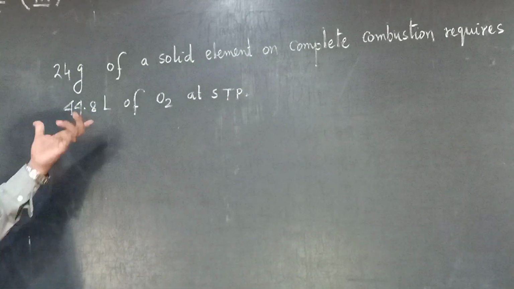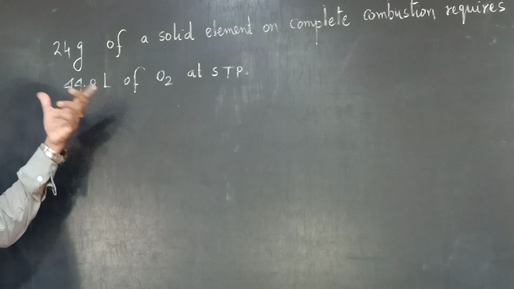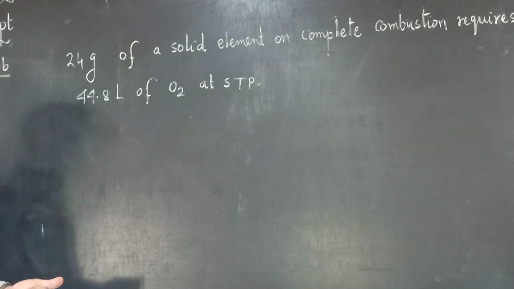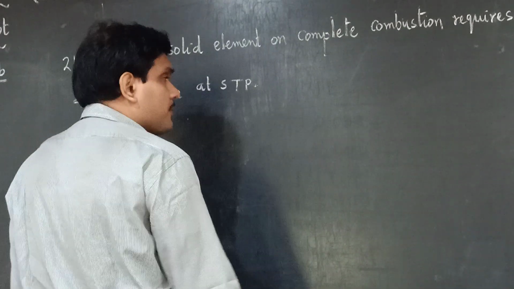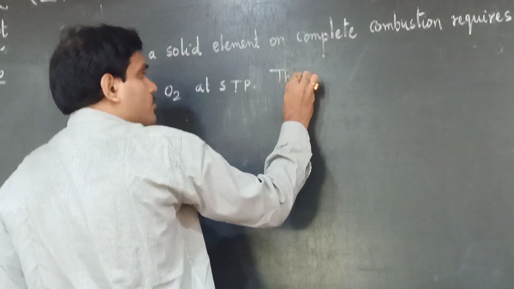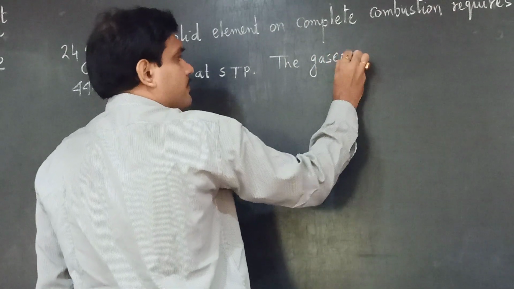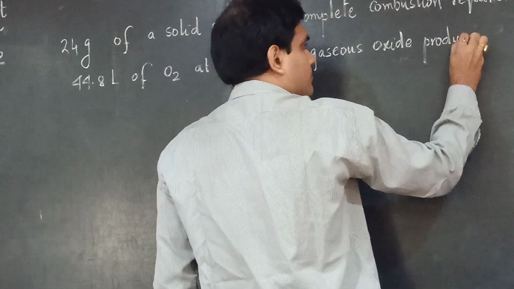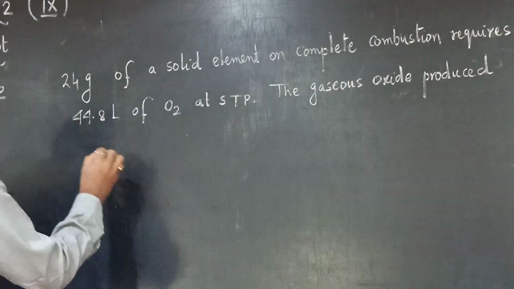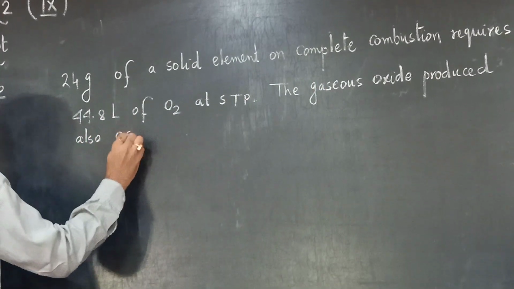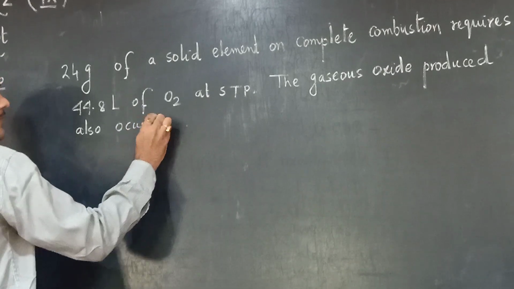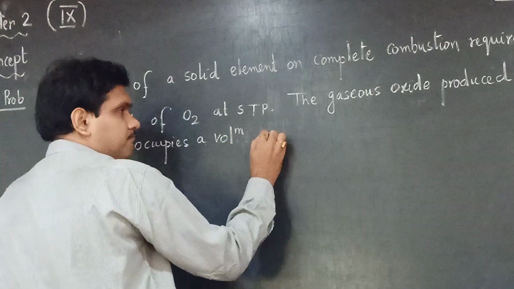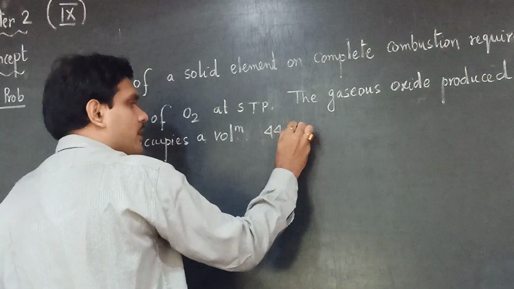What is said? We have taken 24 gram of a solid element, and that solid element is burned in the presence of 44.8 liter of O2 at STP. At STP, the gaseous oxide produced also occupies a volume of 44.8 liter.